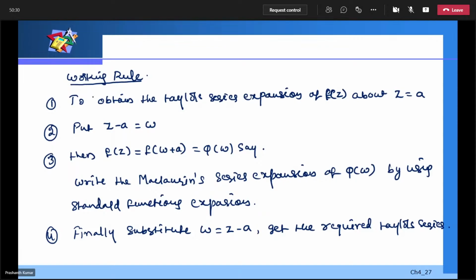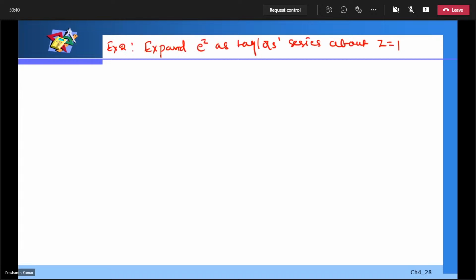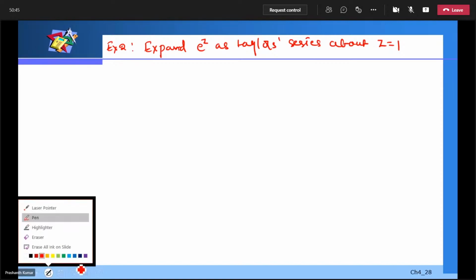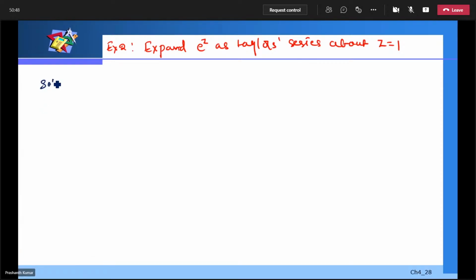So to obtain the Taylor series expansion of f of z about z is equal to a, what we want to do? First you put z minus a is equal to w. Put z minus 1 is equal to w.